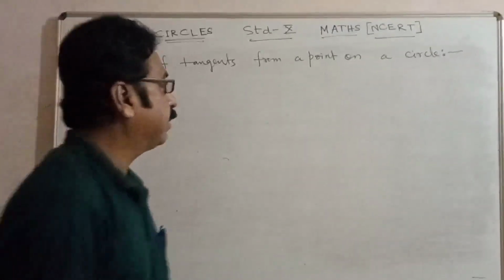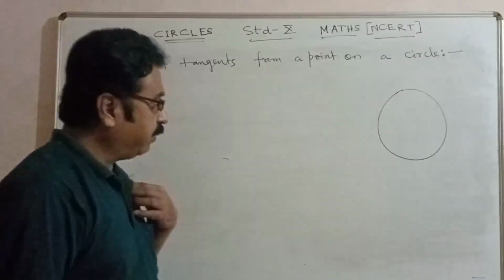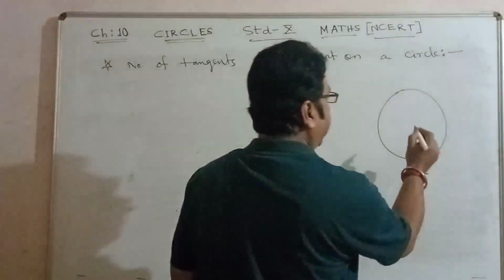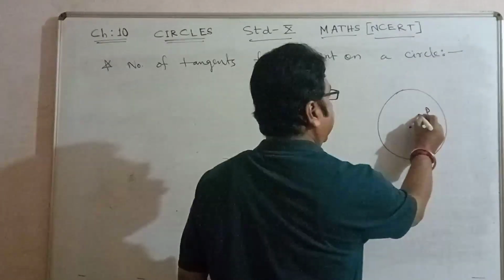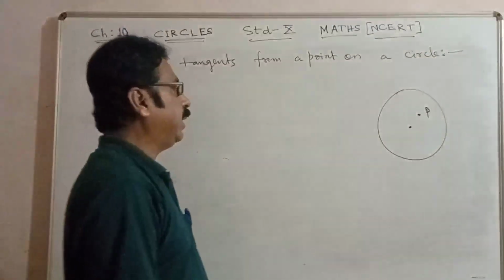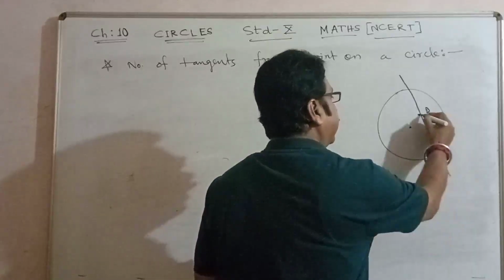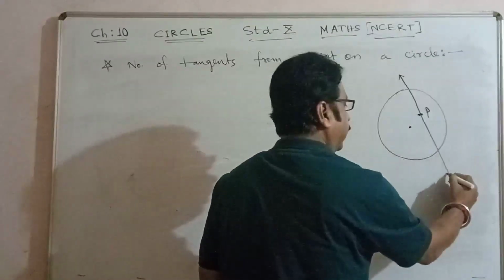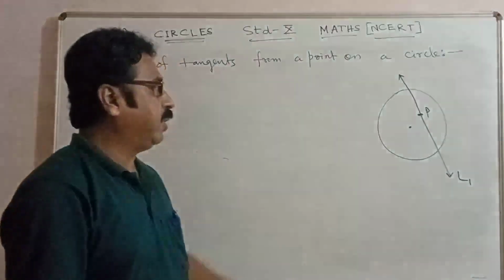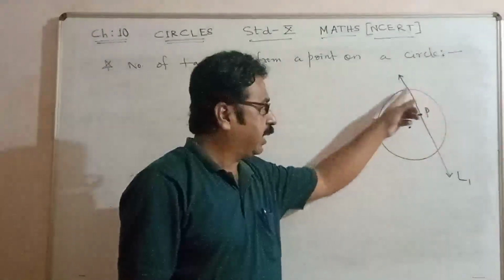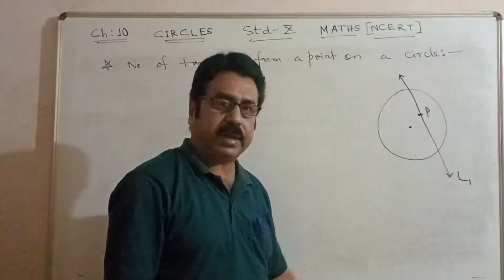Any point, suppose it is a circle, any point may lie. Suppose point P is lying inside the circle. Then a line passing through this point, suppose this is line L1, is passing through this point. That point is located inside the circle. We cannot get any tangent because this is a secant.